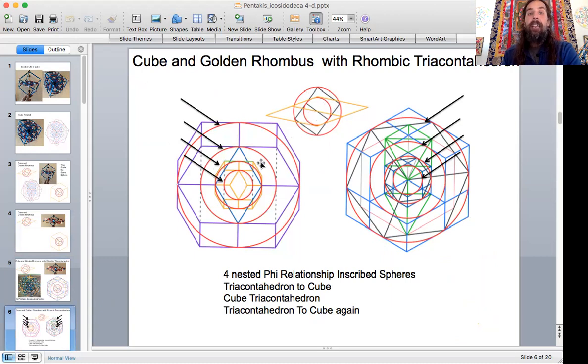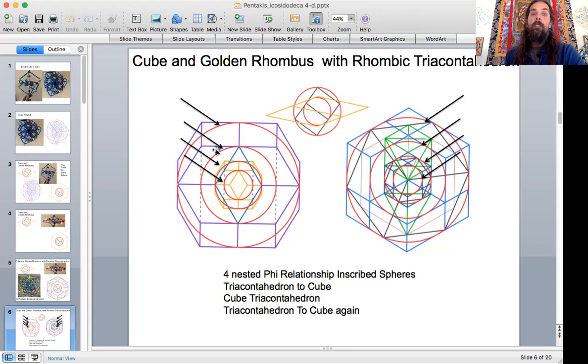Remember, this golden rhombus and that cube share the same space. Now that's encased in a rhombic tricontahedron. So that's that bigger shape that I'm talking about. But now it's actually nested within a larger cube. So there's the other cube. That's part of the other rhombic tricontahedron, which also has a sphere that square cube is in. And then as we expand our way out, we have the rhombic tricontahedron that's made out of that cube.